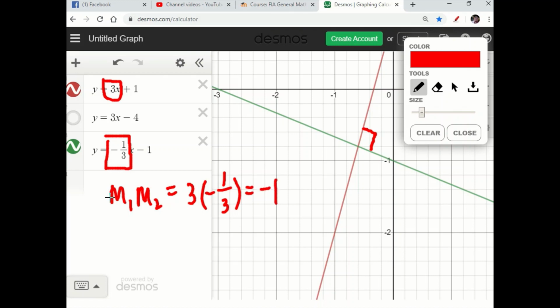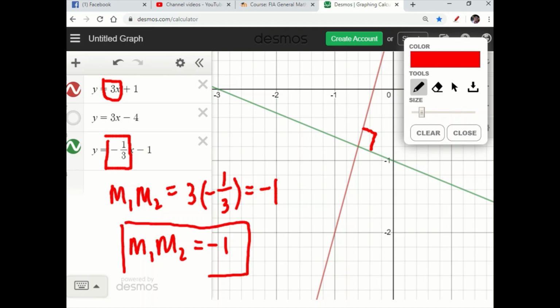So in this case, for perpendicular lines, m1 multiplied by m2 is always -1. So you have to remember this formula.